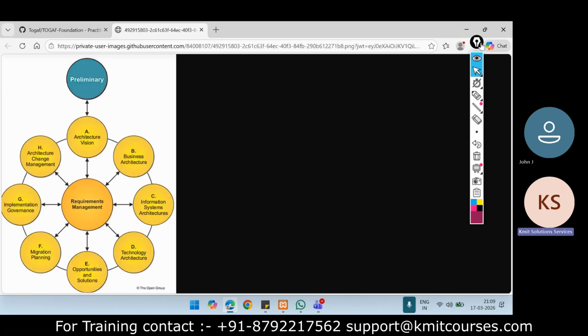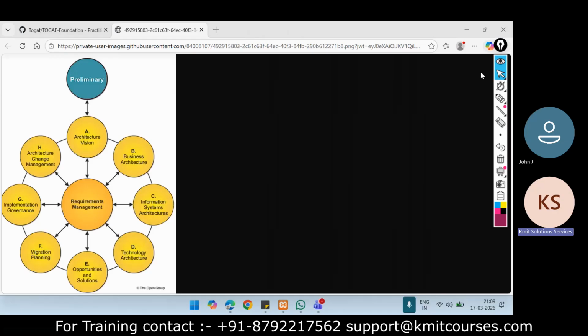Whenever we are talking about phase B, we talked about the business domains before the ADM cycle discussion, and we mentioned BDAT, which is business, data, application and technology, right? So now we are discussing the business architecture. This is the first architecture activity in the BDAT sequence.